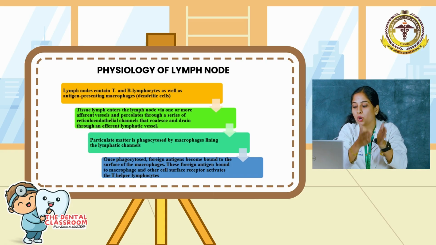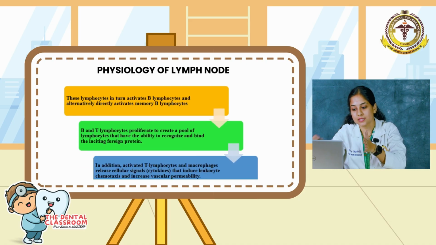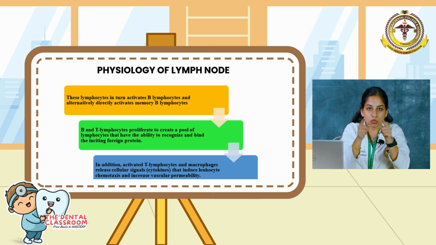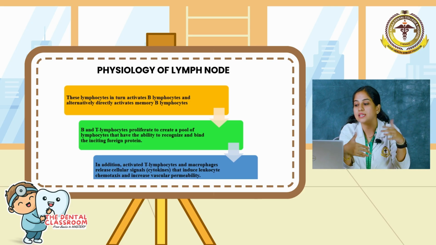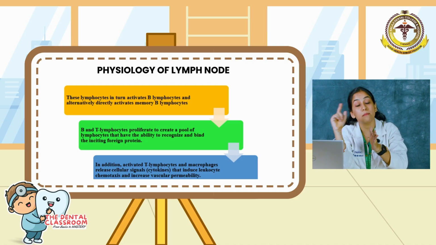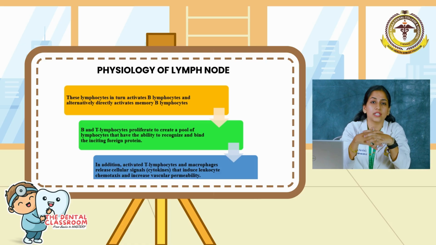These foreign antigens bound to the macrophages and other cell surface receptors activate the T helper cells, which play an important role in the lymphatic system. These in turn activate the B lymphocytes, and alternatively they directly activate the memory B lymphocytes. The role of memory B lymphocytes is very important.